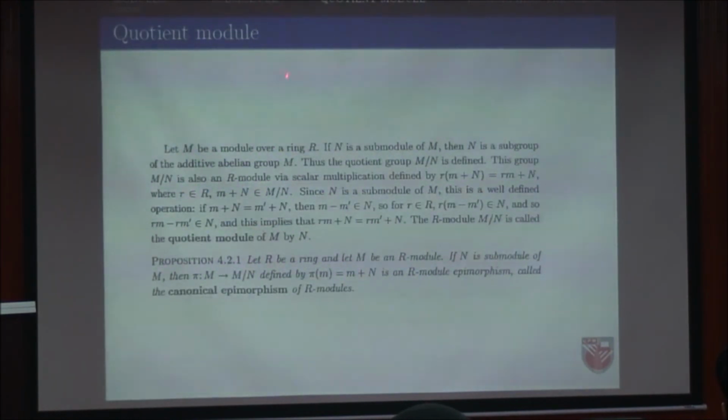Now, let us consider an R-module M and its submodule N. Then M over N is a quotient group, an abelian group. Let us consider the R-module structure here. Define the R-module structure; we have defined it already.